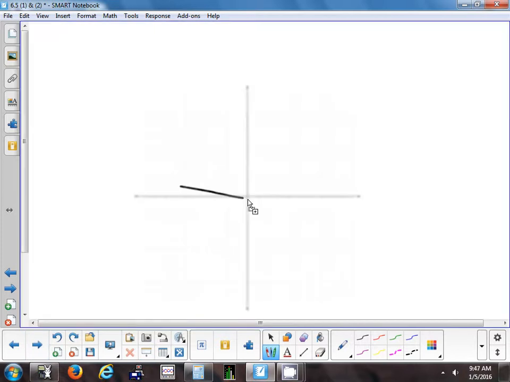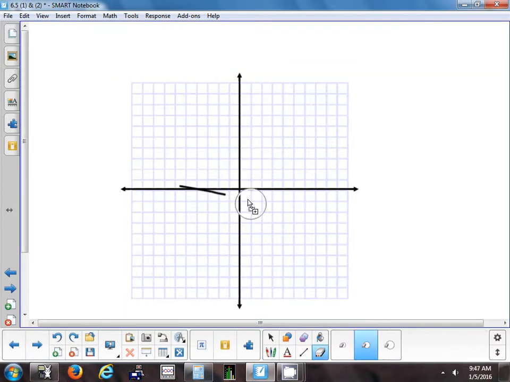Let's say you had a coordinate that was like (0, 3). I can't make a triangle out of that because it's on the axis. Okay, so if they asked me to find the trig functions of 90 degrees, what I would do is just think of it when we did unit circle trig.